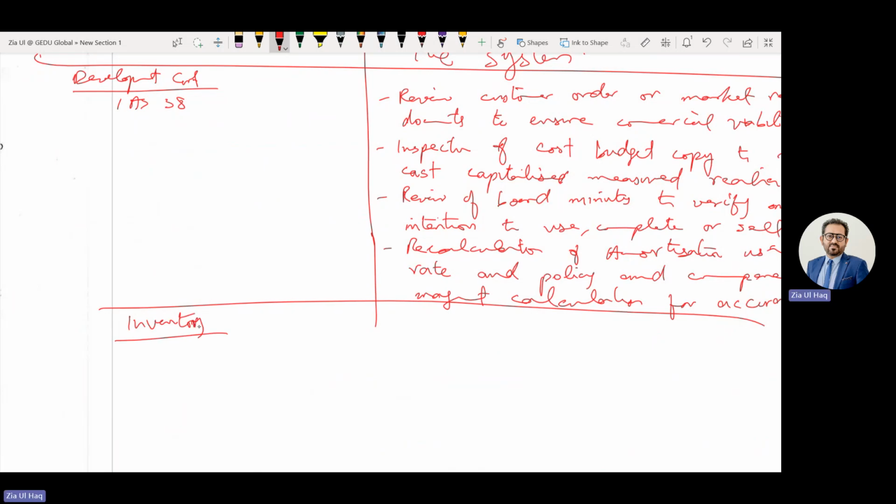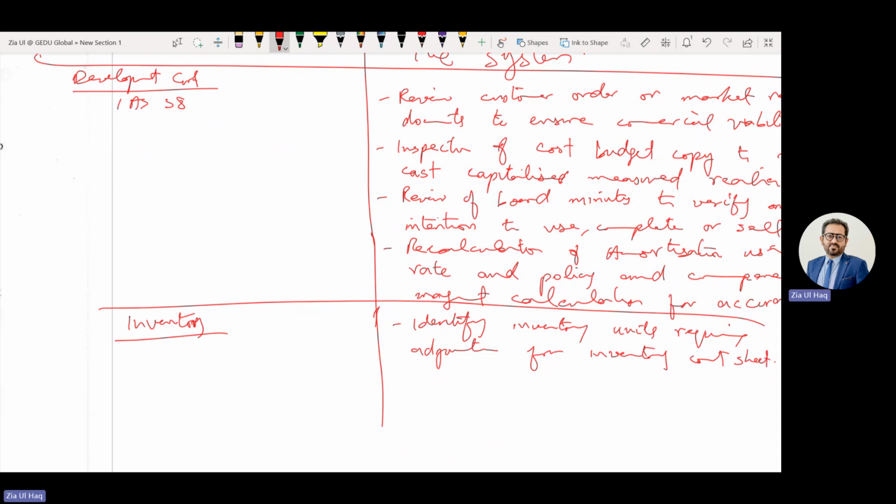Now we can verify. How can we verify how much inventory relates to this? Identify inventory units requiring adjustment from inventory count sheets.